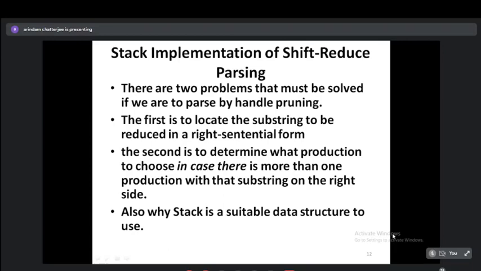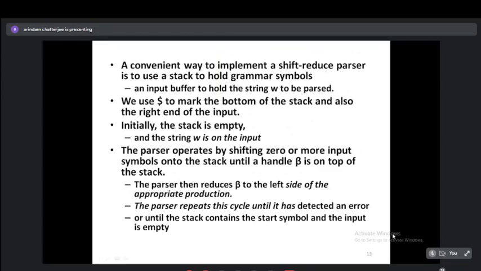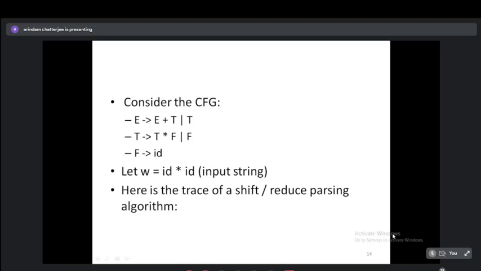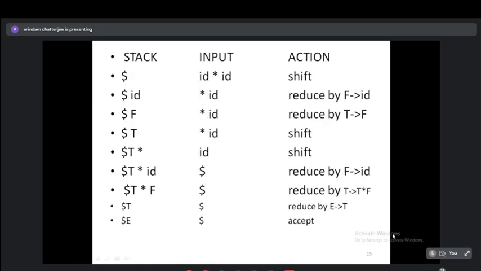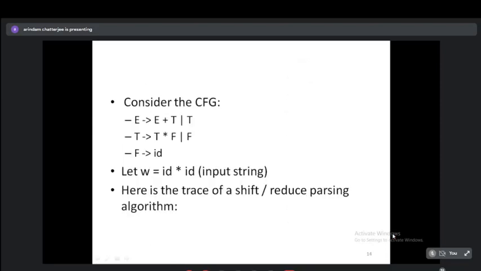So why does shift reduce parsing require a stack implementation? These are some of the slides which explain that in much more detail. But let us go into the direct implementation of such a stack based parsing activity. Here we have a context free grammar like this: E produces E plus T or T. T produces T star F or F, and F produces ID.